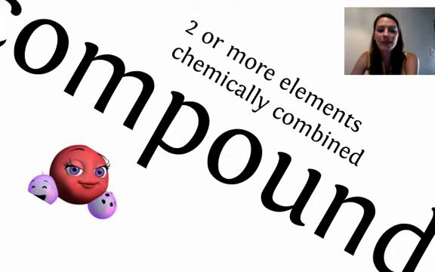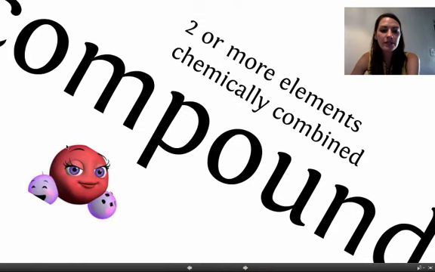If you look at that picture, I've got a kind of goofy, silly picture of what water looks like. Sometimes we refer to water as H2O. So that means there's two hydrogens and one oxygen that make up water. And in a glass of water, you have a whole bunch of H2O molecules, okay? So if you look at this little picture here, this is your oxygen, it's the red, and then the little purple guys are your hydrogens. All right? So that's a compound.